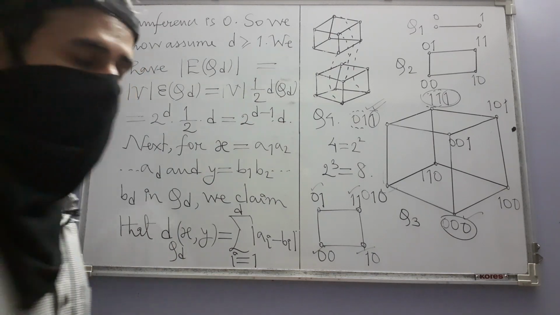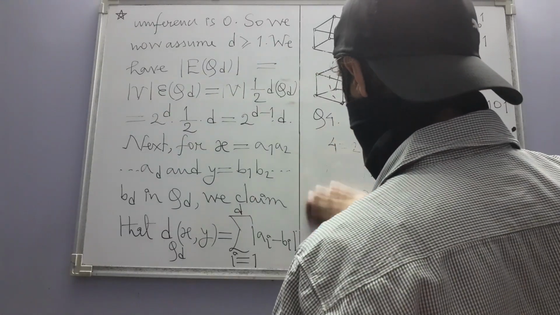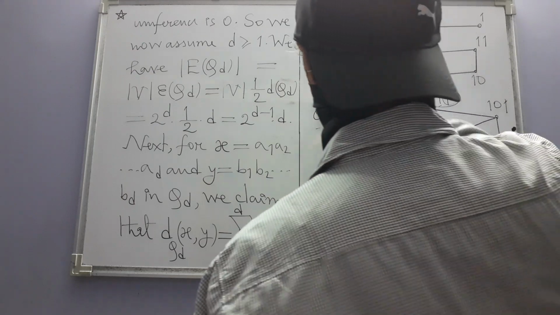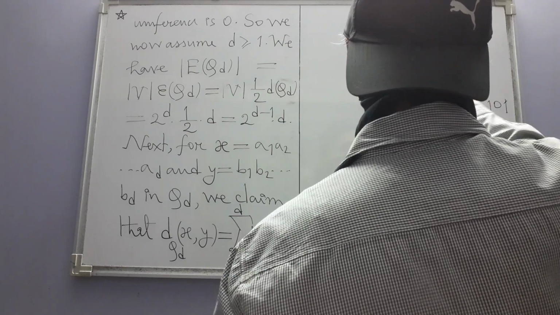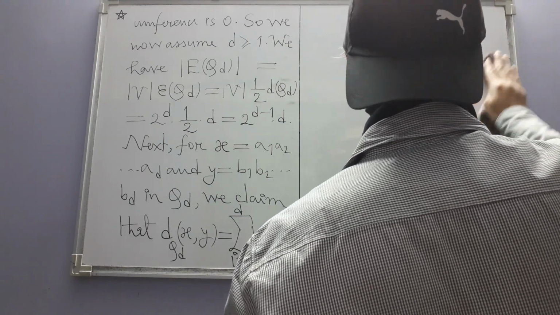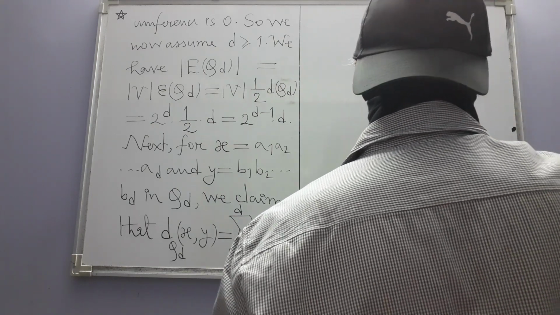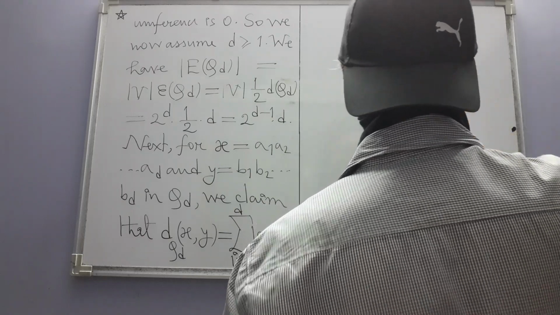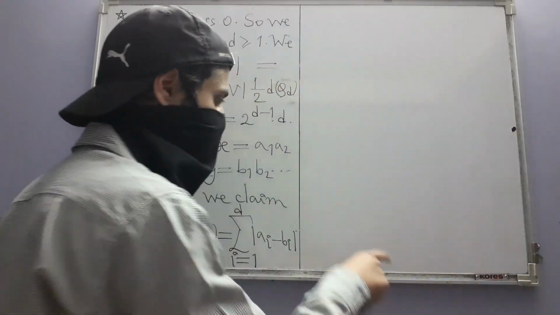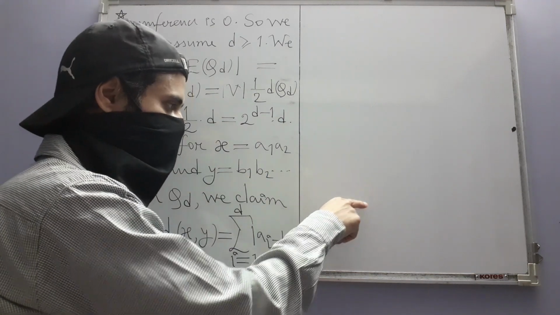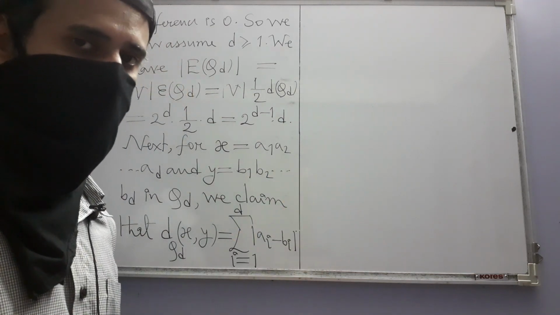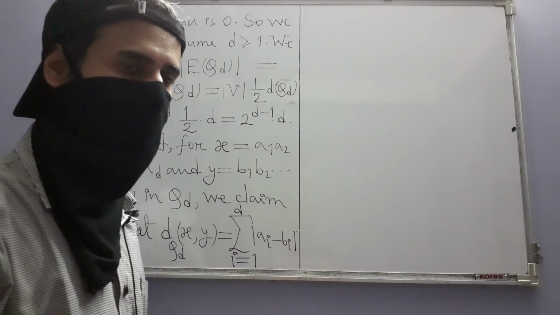Now we are going to prove this. And in proving this, we of course are going to apply induction on d, and in carrying out the induction step, this fact that Qd can be used to create Qd plus 1 will be used.